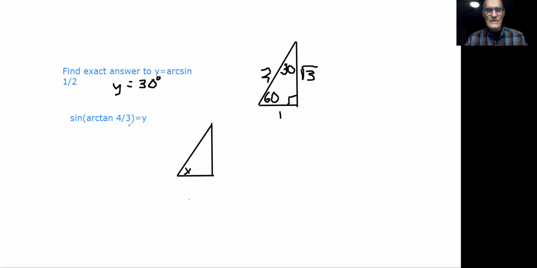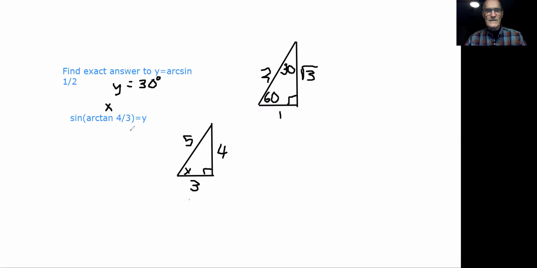The angle whose tangent is 4/3. So now the tangent is opposite over adjacent. So that would mean this right here would be 4. This right here would be 3. And once again, I have my 3, 4, 5 triangle, so this would be 5.